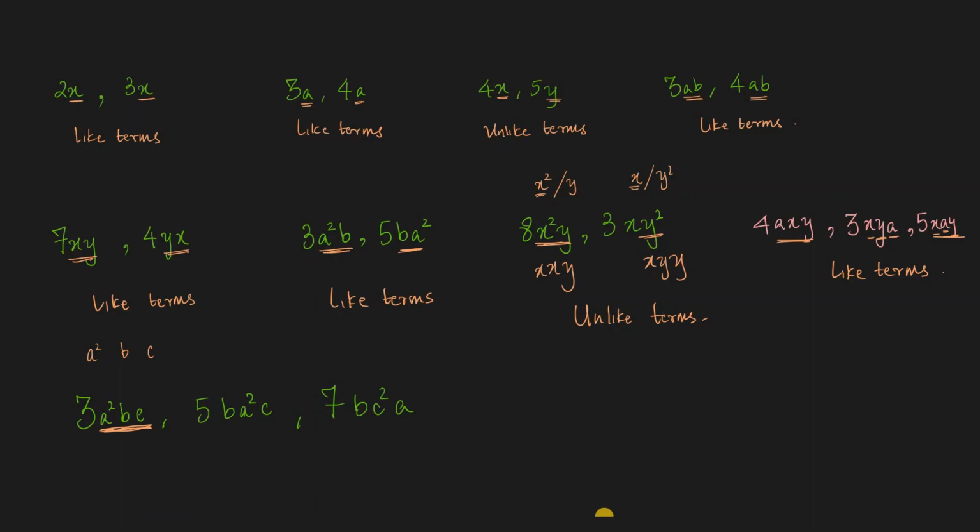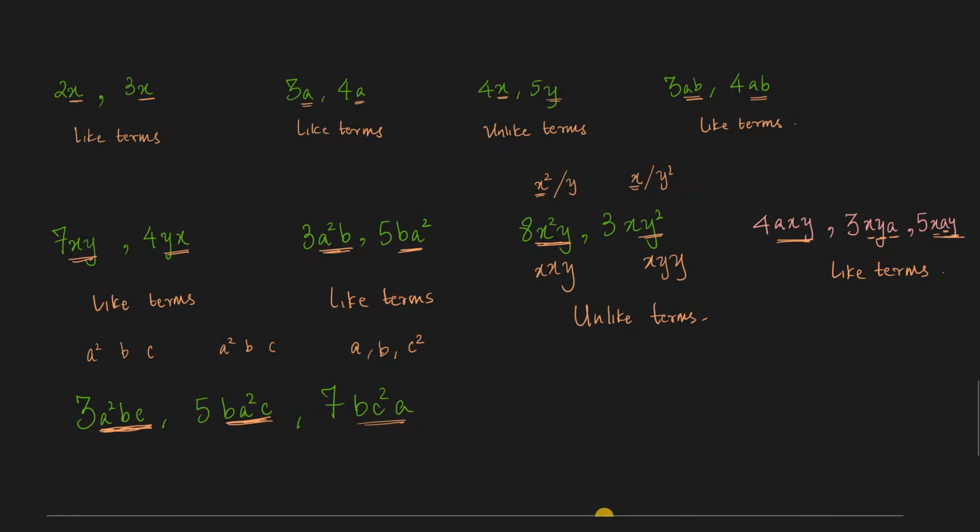In the second term, the squared variable is still a. So it's still a squared, b, and c. So it's still the same set of variables. However, in the third algebraic term, the squared variable is not a, it's c, which means the variables in this set are a, b, and c squared, which is different from the previous two sets.